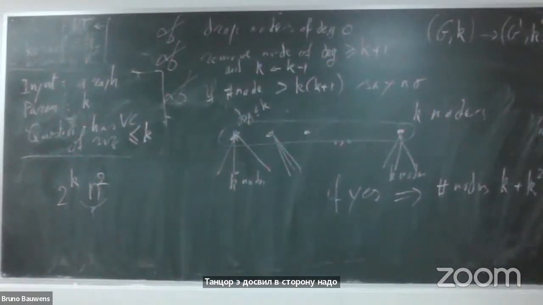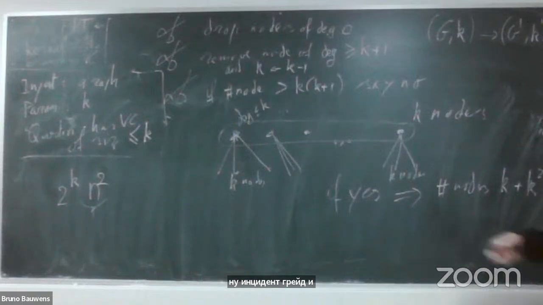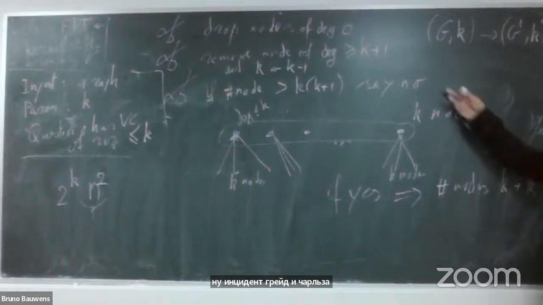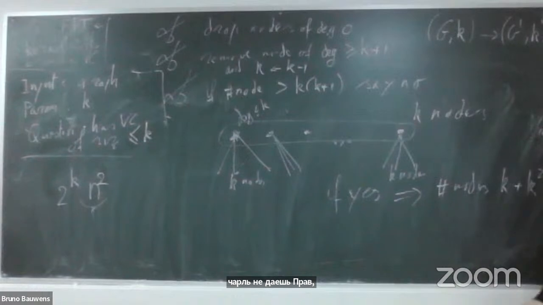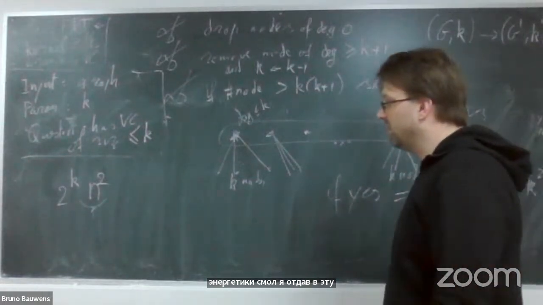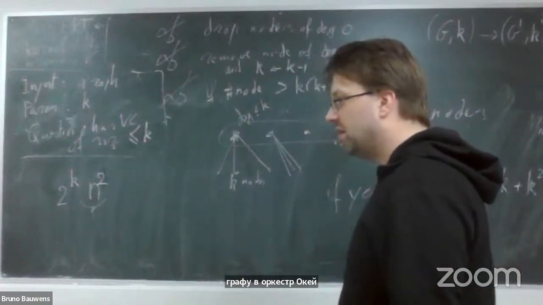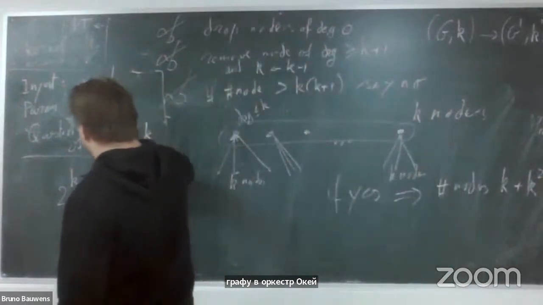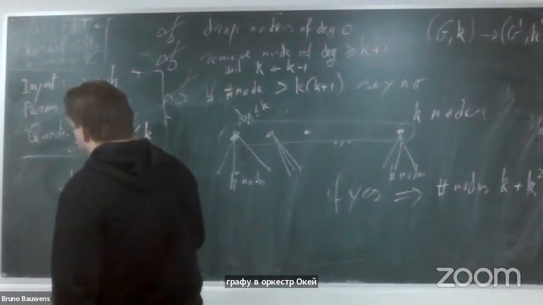So why is it great? We may start with an arbitrarily large graph, and if k is small, we end up with a graph of order k squared. It doesn't matter which c we use here.